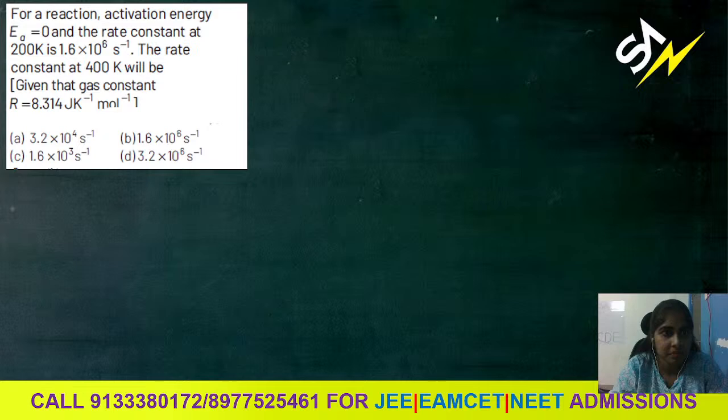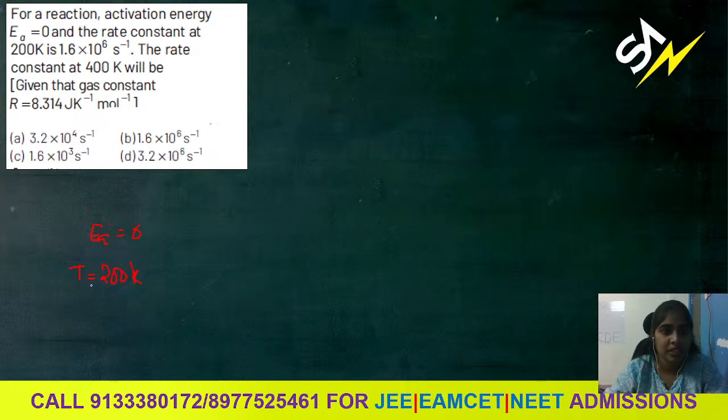Next question. For a reaction, activation energy E A is equal to 0 and the rate constant at 200 Kelvin is 1.6 into 10 to the power of 6 second inverse. The rate constant at 400 Kelvin will be. So see this, what is given? Activation energy as 0 and temperature given as 200 Kelvin.